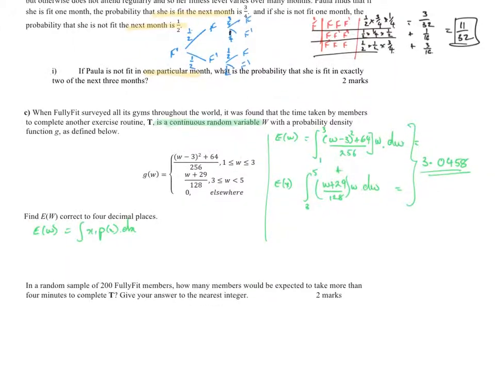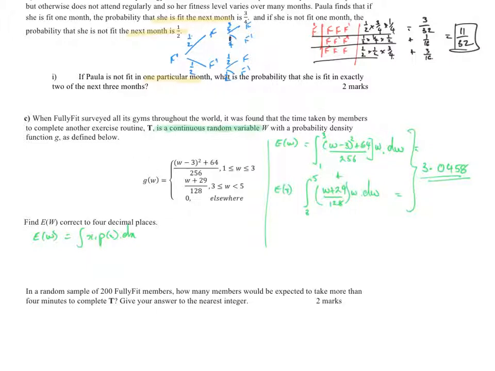The probability that W is greater than or equal to 4, well, if we go to the bottom integral, we know that's the integral from 4 to 5 of (W plus 29) on 128 dW. And if I work that out, I get 67 over 256. So that's the probability that someone will take that long.